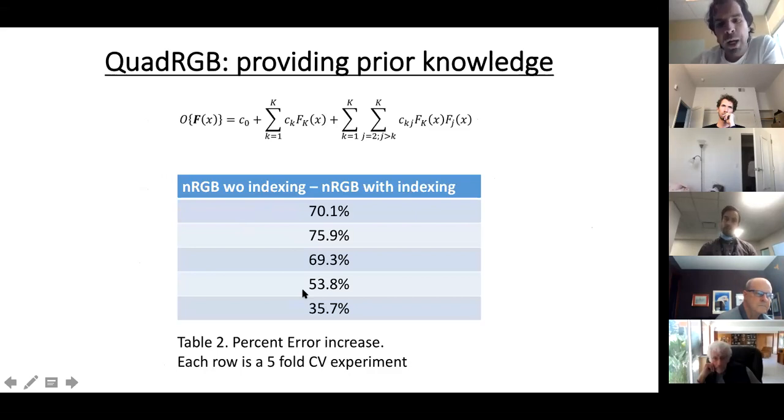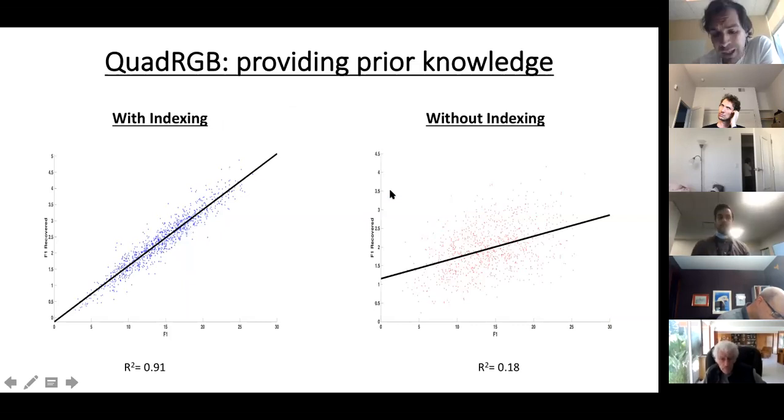Then providing prior knowledge helps. And actually, big time. Here is the difference of error between not providing prior knowledge versus providing prior knowledge. And the reason is that not only can you do that, but you could actually recover the basis. You could recover F1. Here you see if you provide the right output, then the algorithm recovers F1.